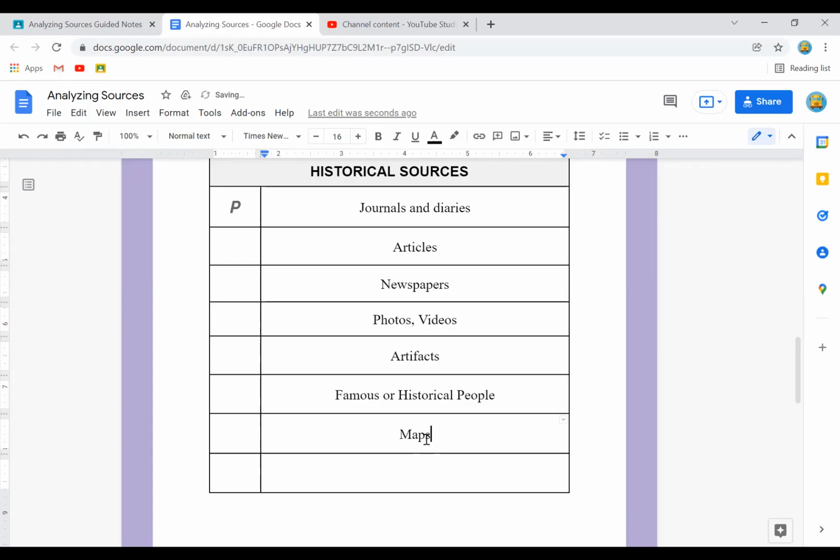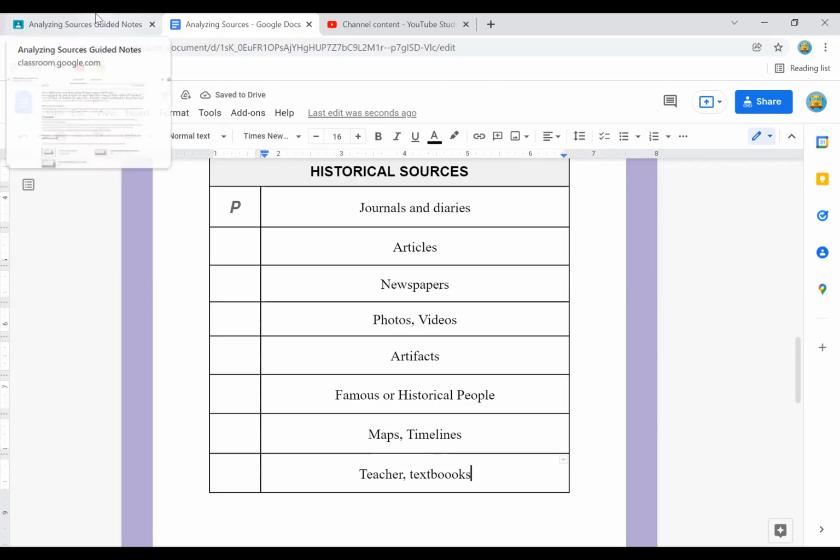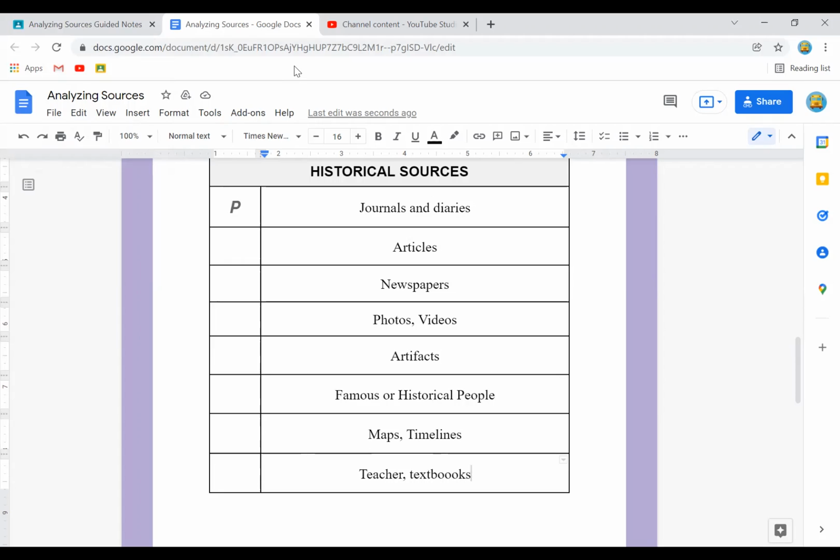Someone said maps or timelines. Someone said a teacher or textbooks. Those are some examples. You can write those all down, make it easy on you. And then let's go back to the slides. So we did that in class.